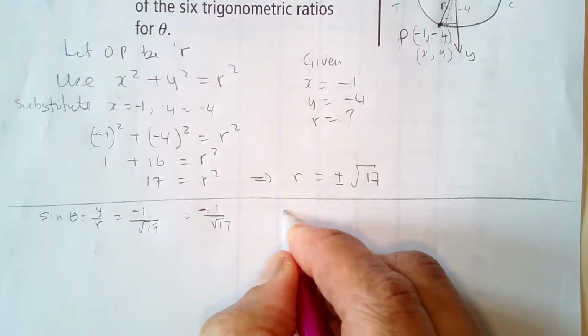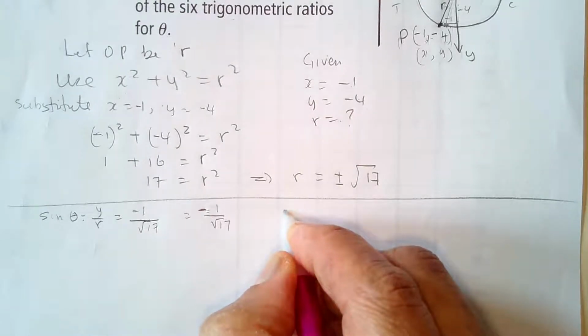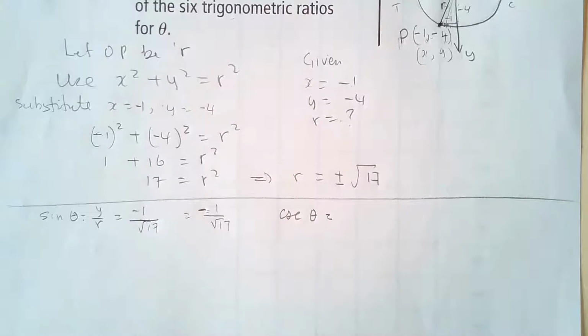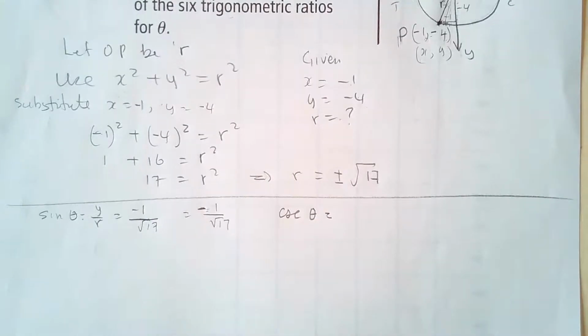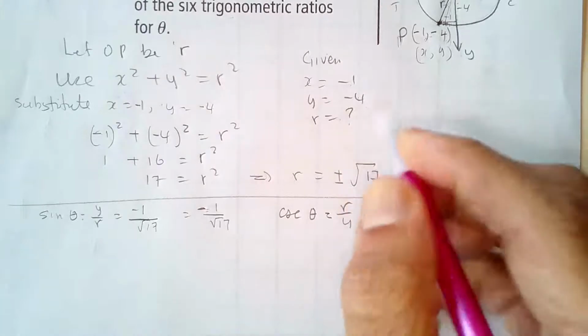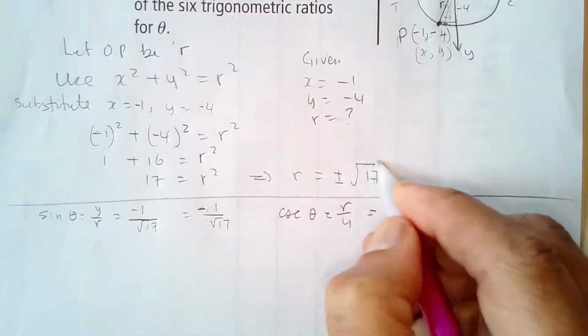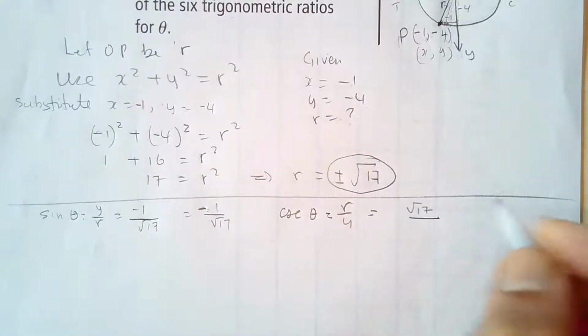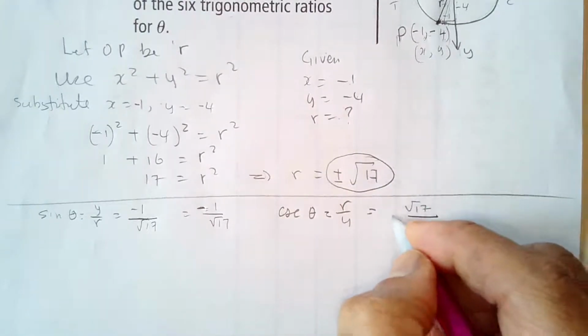Now, cosecant. Cosecant theta is also negative because it's the reciprocal of sine, which is r over y. So r is root 17, and y is -4, so we put -4 here.